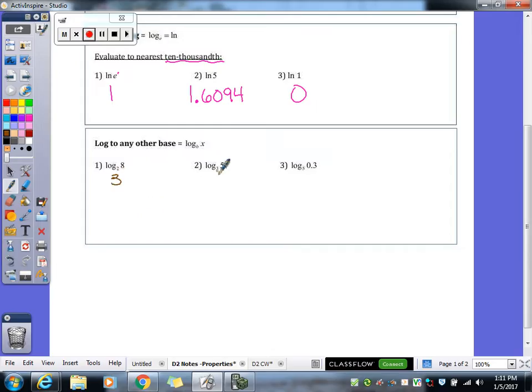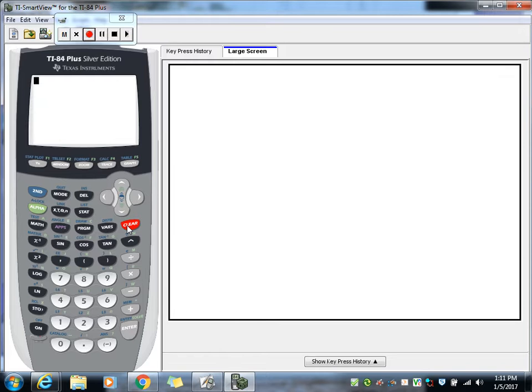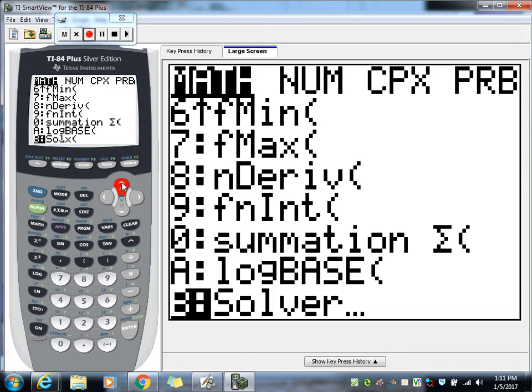But does that work for 3 to get you a 5? No, it doesn't always work that way. So if you have one of the newer calculators, they added this great function into it. If you push math, and then arrow up, it gives you what's called log base. This allows you to do any base now.